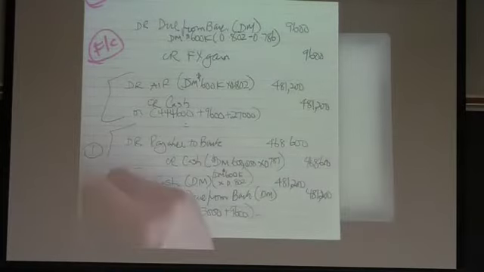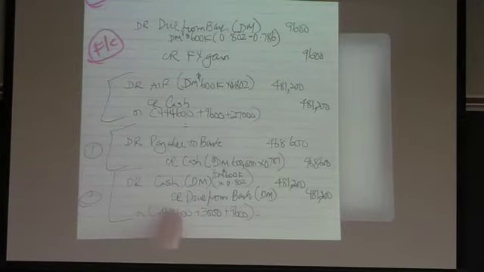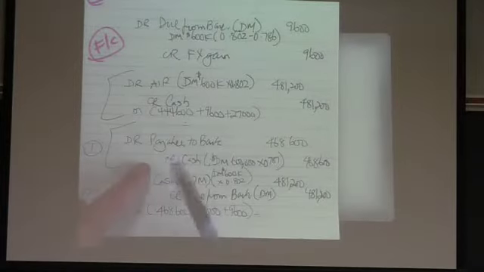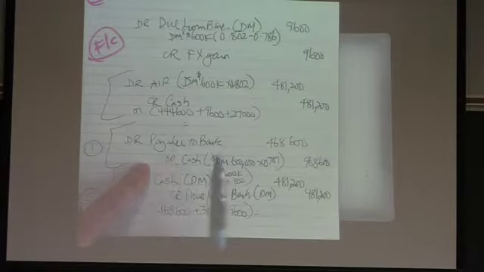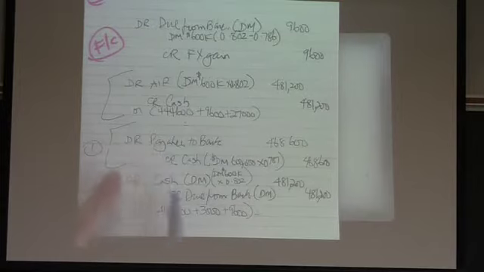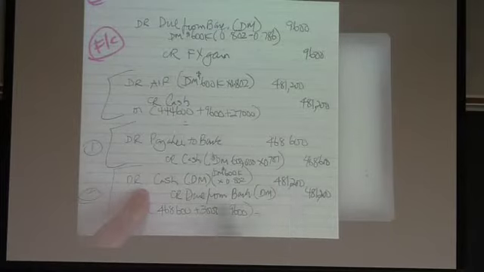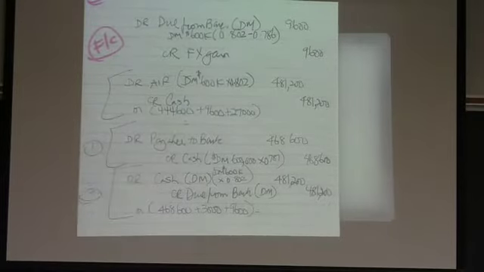Then the second step is we're going to take that money, and, apologies, we have to give the bank 468 to get the foreign currency units. The foreign currency units come in, we need to debit them at the spot rate at the date that we receive the funds, and then we go out and deliver it to our payable.